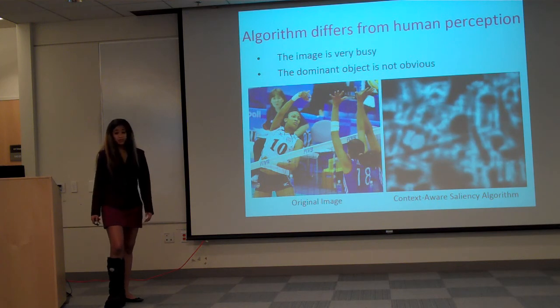And the algorithm is completely different from human perception usually when the picture is very busy, or if the dominant object is not very obvious. So here, it's a pretty busy image. There's a lot going on, so the algorithm sees it and it's like, oh, everything is important, so it's basically just highlighting everything here.